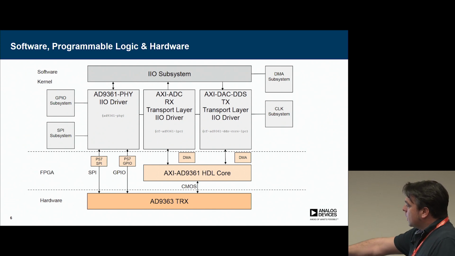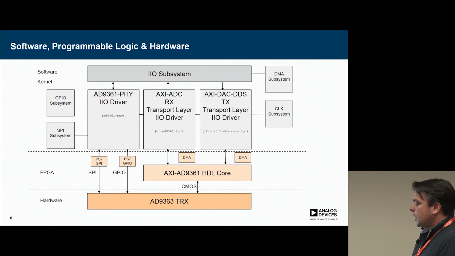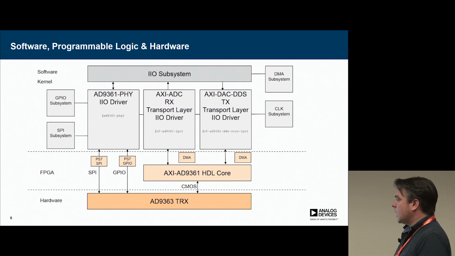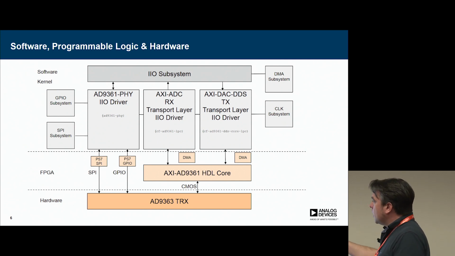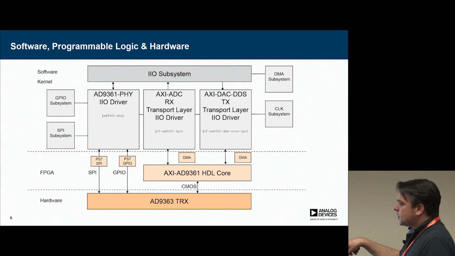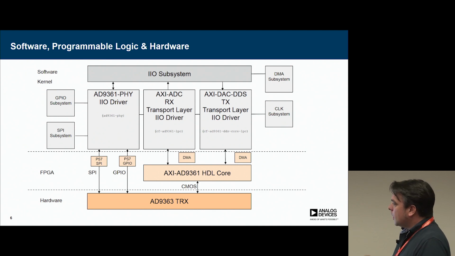Then we have this AXI AD9361 HDL interface core, which is a transport layer interface core that we have designed together with some DMA blocks. And on the very top, we have the software pieces, the Linux IIO subsystem. It's connected with the DMA subsystem, the clock subsystem, and so forth.